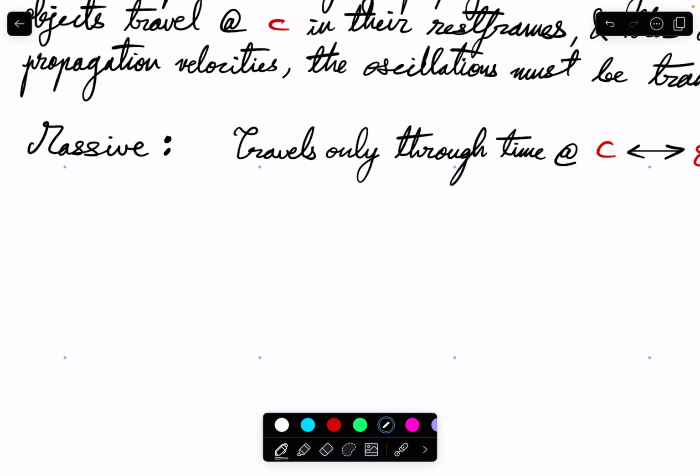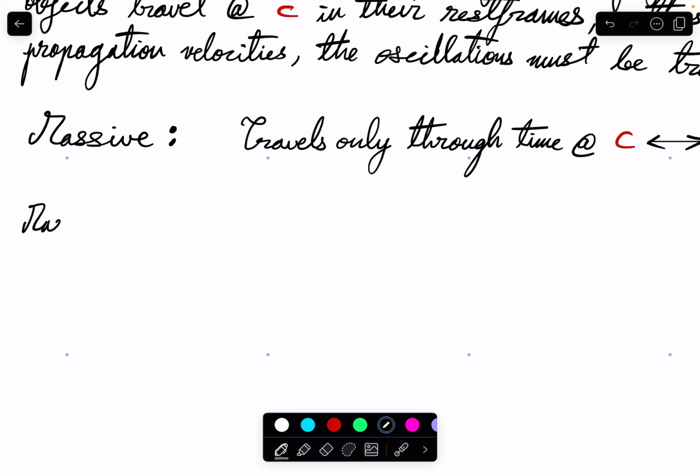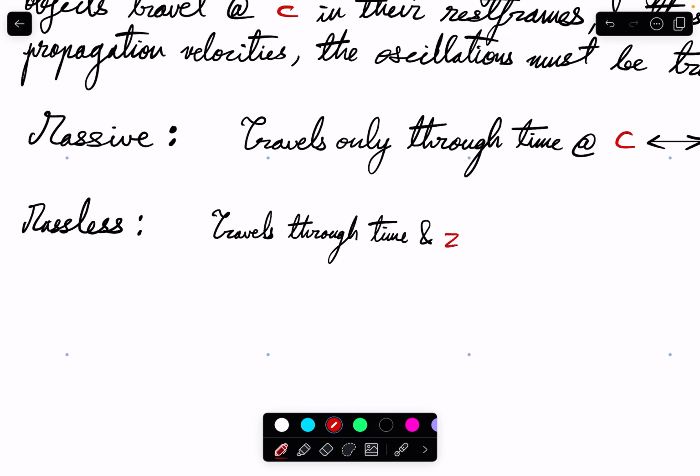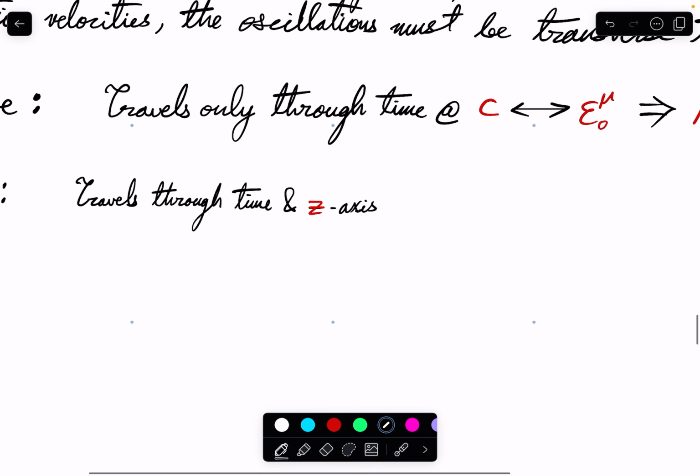Now, then there is also the massless case. So it travels through time and technically any direction, but we're going to just work with one axis, we'll choose the z-axis because it makes it easier to analyze.